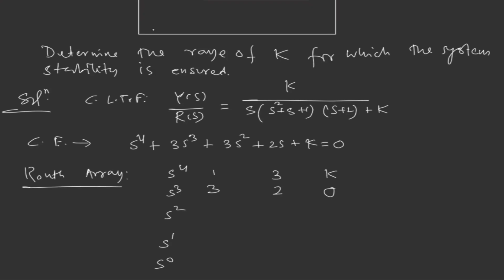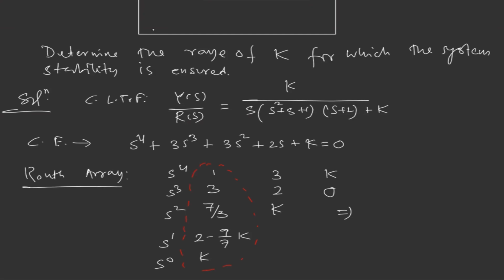So here 3 into 3 minus 2 into 1, so 7 by 3. And here it is k. And for S1, 2 minus 9 by 7 k. So for stability, as you know, all the terms in the first column should be positive.